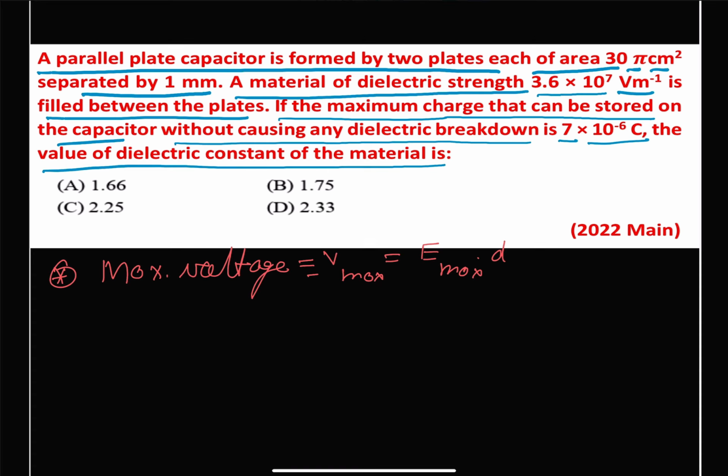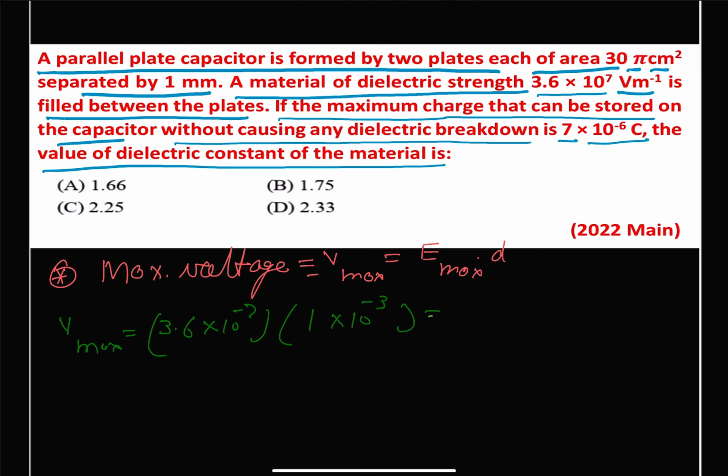E max we already know, so we can say our V max. E max is our 3.6 into 10 to the power 7, not minus 7, and the distance between the plates is 1 millimeter, 1 into 10 to the power minus 3.